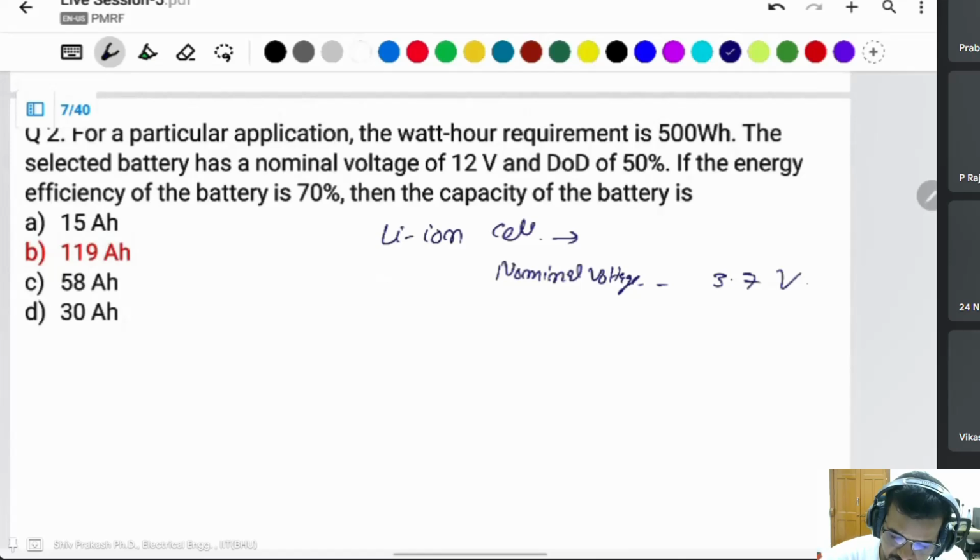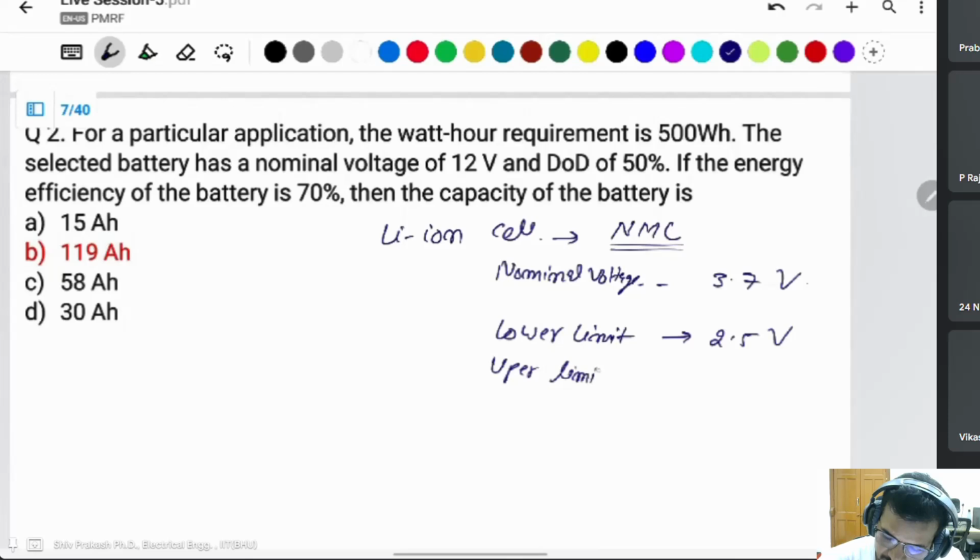I was talking about the NMC cell; I'll explain later what NMC is. Nominal voltage 3.7 volt. The lower cutoff voltage limit is 2.5 volt. The upper limit is 4.2 volt.